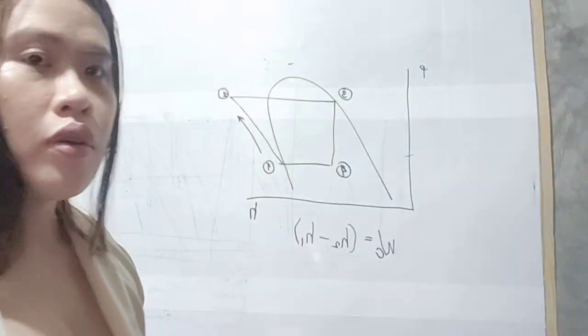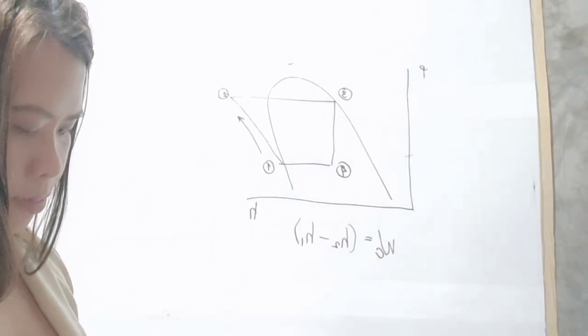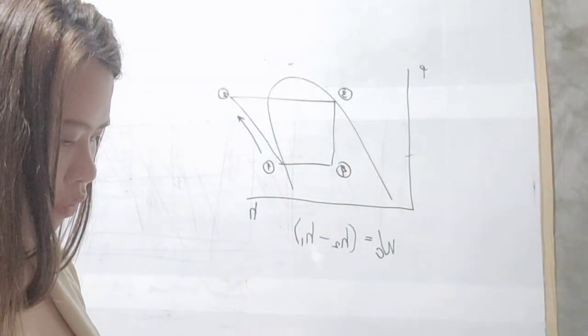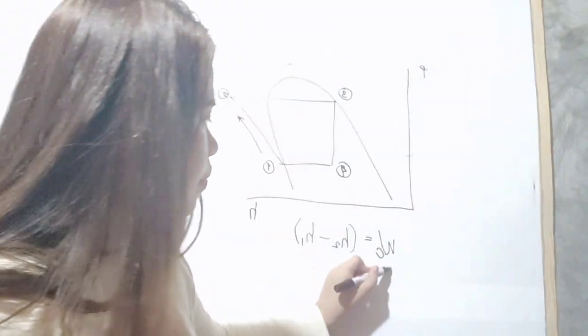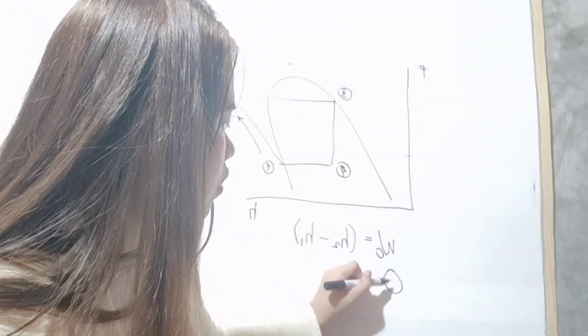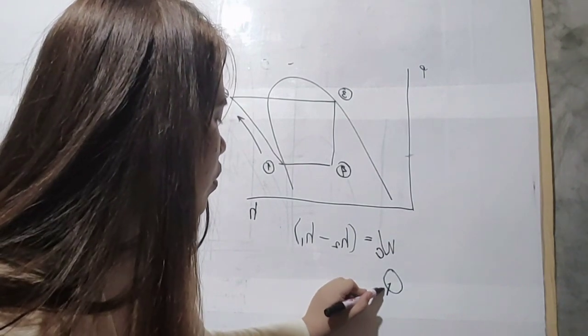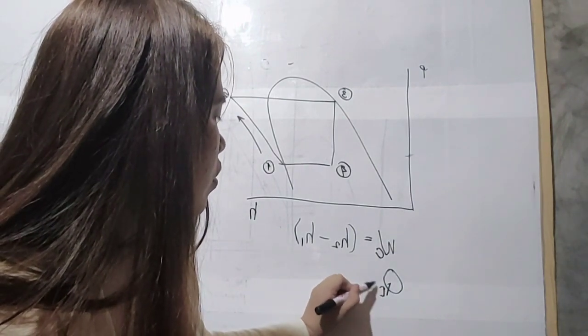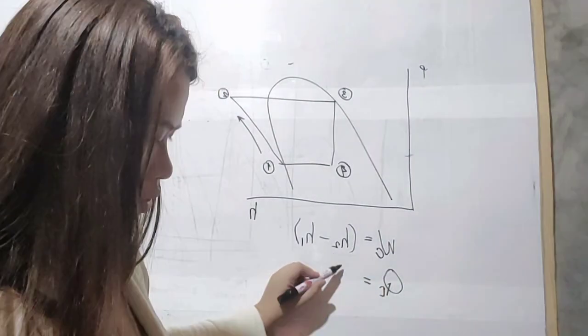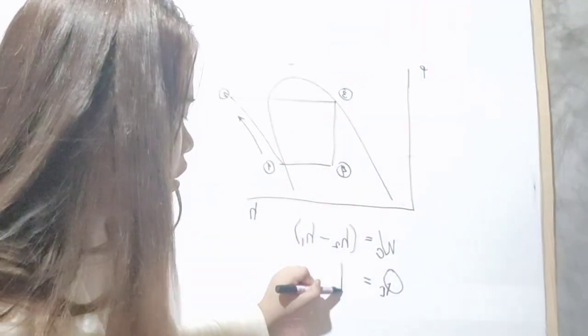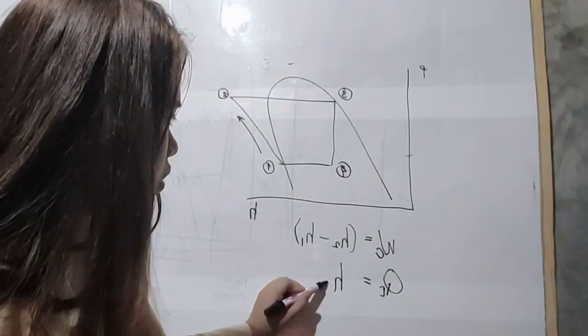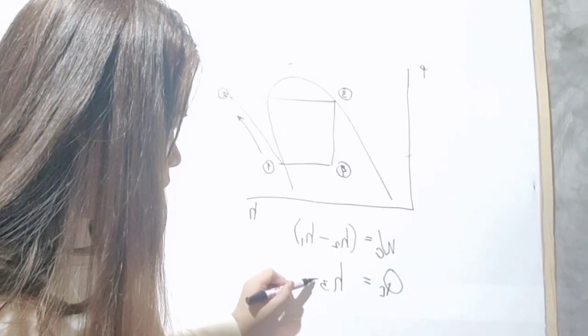We will get the heat rejected in the condenser by getting the values at process 2 to 3, and QR is equal to enthalpy at point 2 minus enthalpy at point 3.